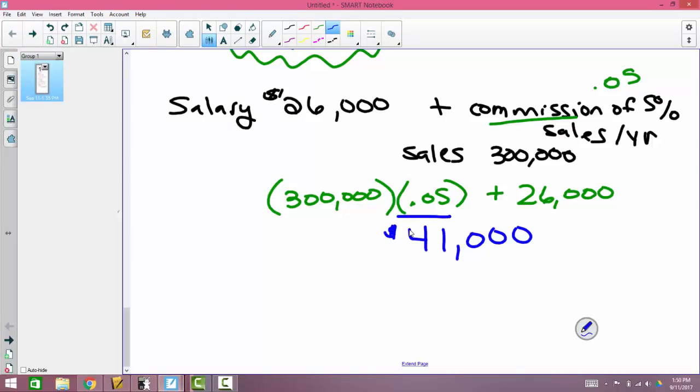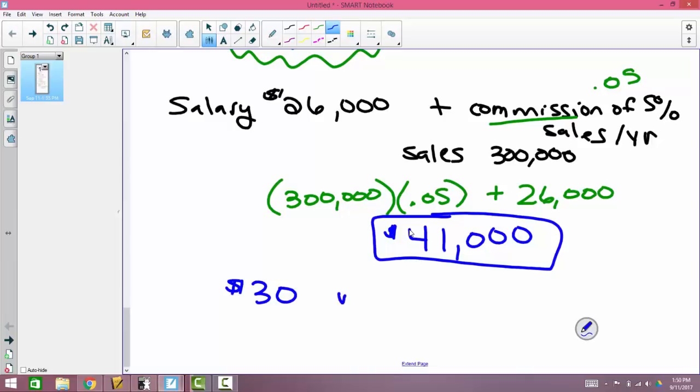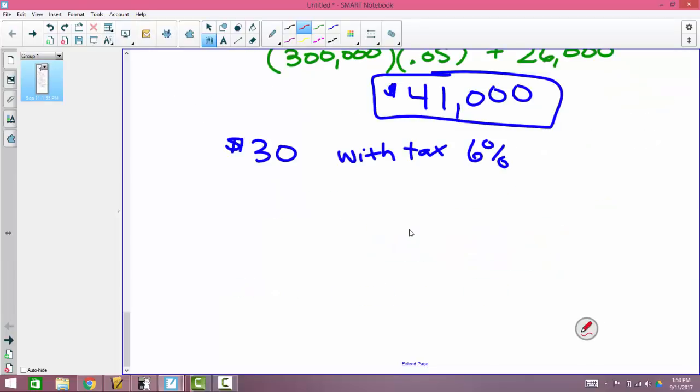I'm going to try one more quick problem before people start walking in here. If you had a $30 shirt that you wanted to buy and you needed to figure out how much it was with sales tax, which is 6%, you could just do 30, and instead of times 0.06, if you put a 1 in front of it, it'll actually add in the 30, so you don't need to do the second addition.